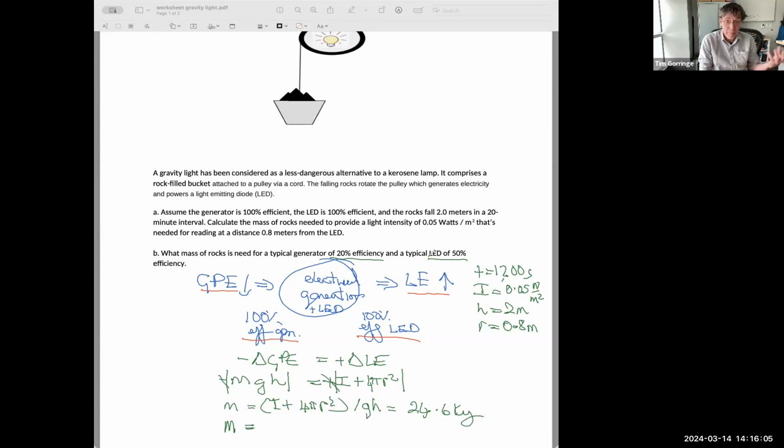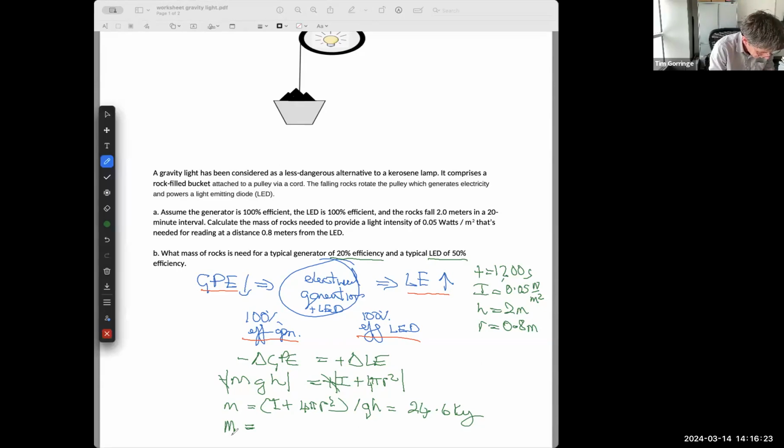If the generator was only 50% efficient, then again, that would mean that we'd have to use twice as much mass of rocks to counteract that efficiency.